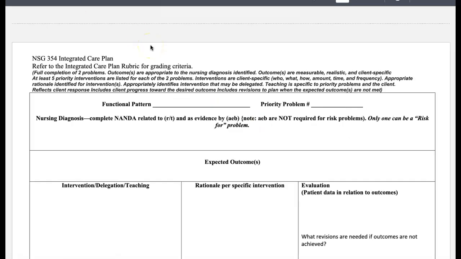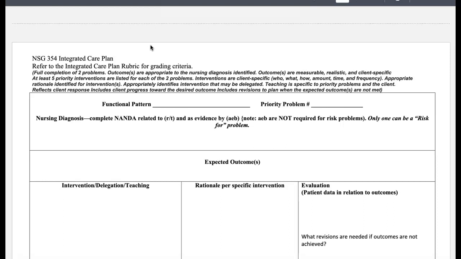Now if you go back to the form that you're going to be filling out, notice that it says related to and as evidenced by. So if we were using that example of imbalanced nutrition, less than body requirements, it would be imbalanced nutrition, less than body requirements, as evidenced by, and that would be perhaps they've had an unintentional weight loss of 10 pounds.